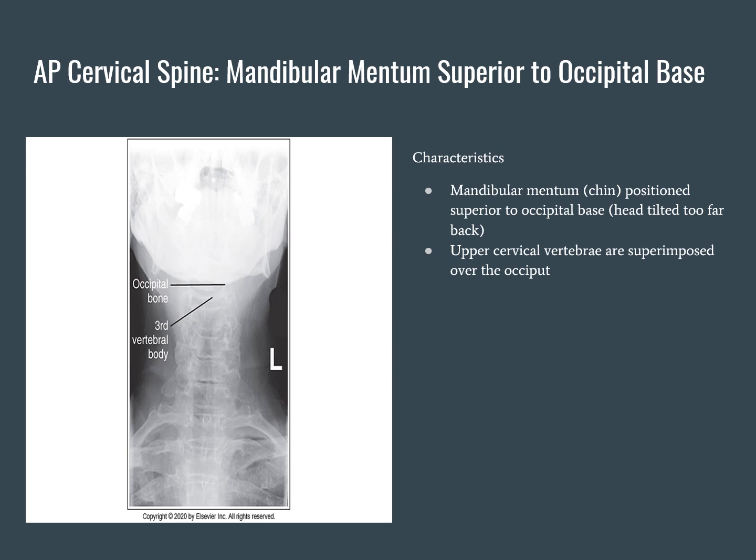So we must remember that we need to position the face forward, placing the mandibular angles and the mastoid tips at equal distances, and ensuring that we have the lower surface of the upper incisors and the tips of the mastoid processes perpendicular to the IR for the AP axial C-spine projection.